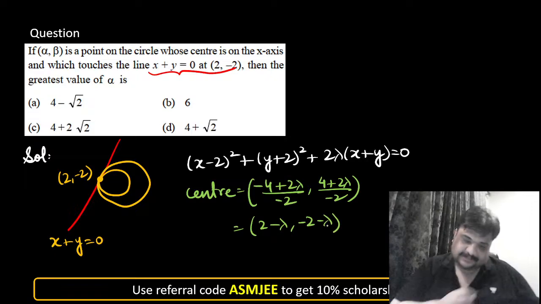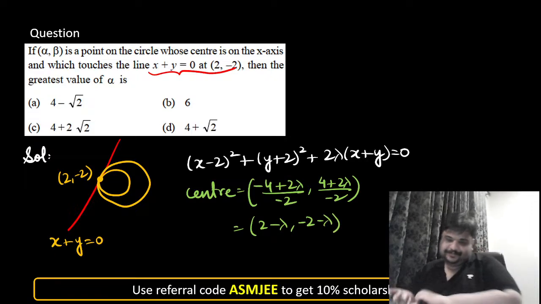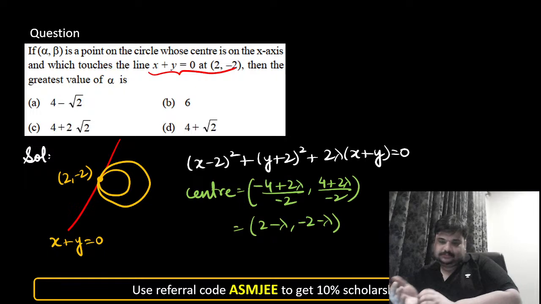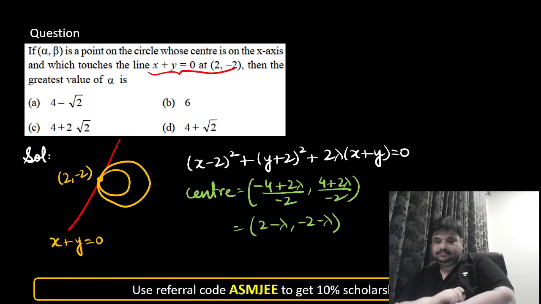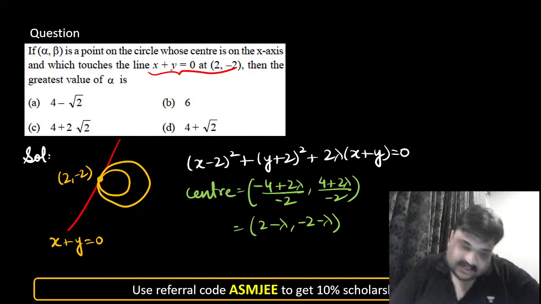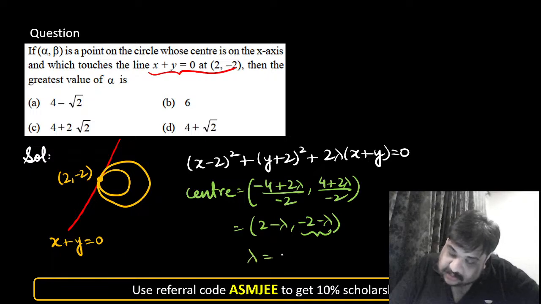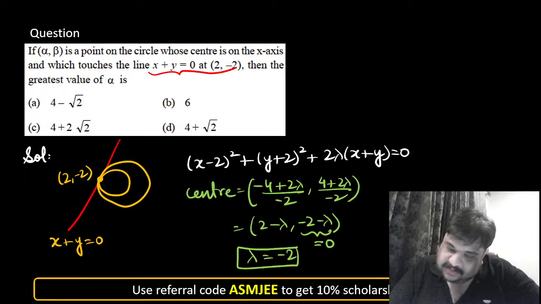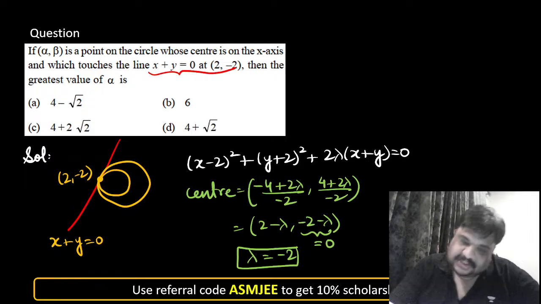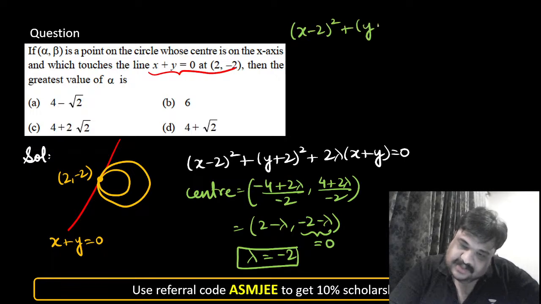That is the center and it lies on the x-axis, so y should be 0. So lambda should be equal to minus 2. Congratulations, we have got the circle: x minus 2 whole square plus y plus 2 whole square minus 4 times x plus y equal to 0.